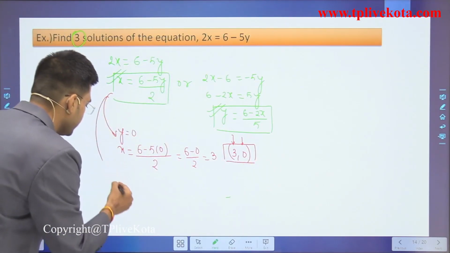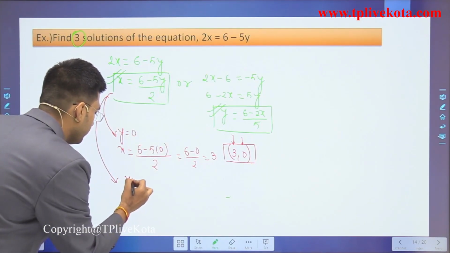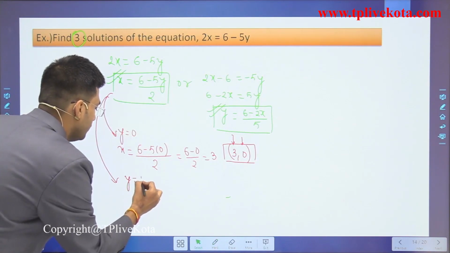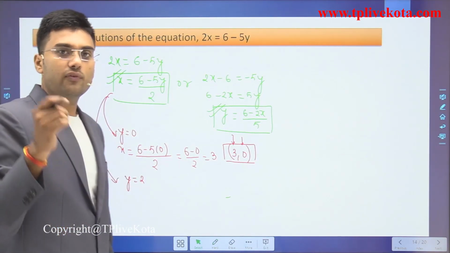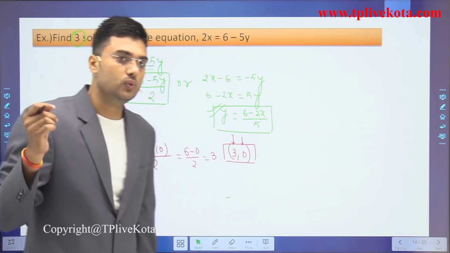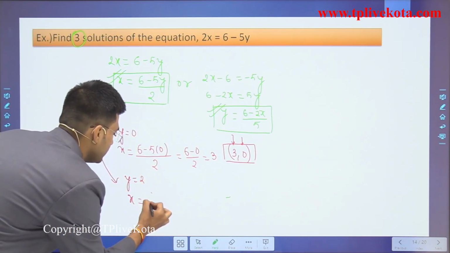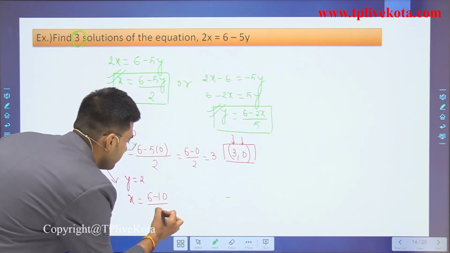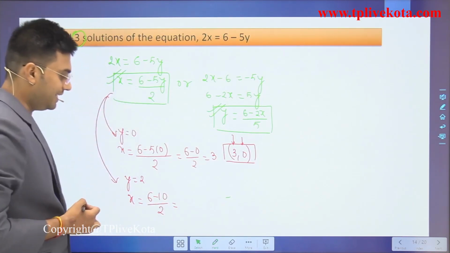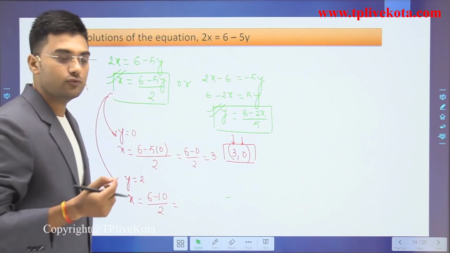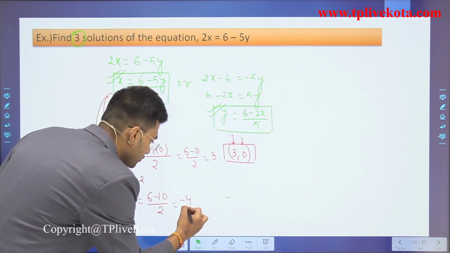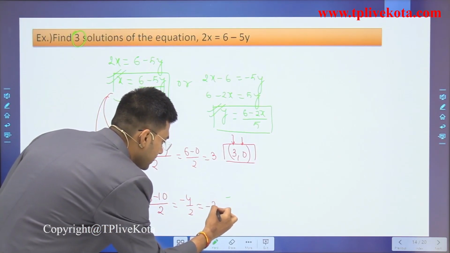Now the next is to put the value of y is equal to 2. If you put y is equal to 2, then x is equal to (6 minus 10) divided by 2. 6 minus 10 is equal to minus 4. Minus 4 divided by 2 is equal to minus 2.